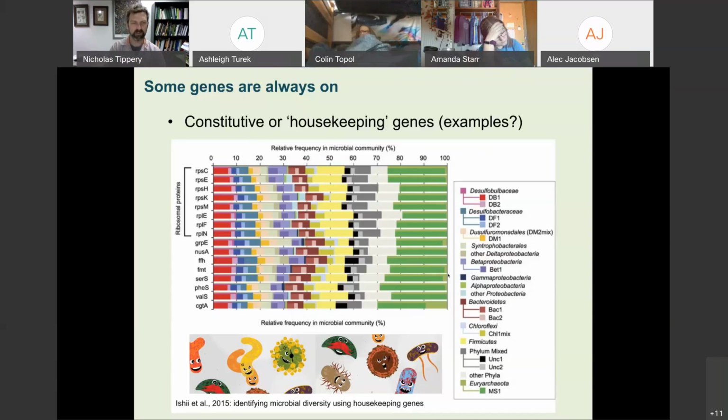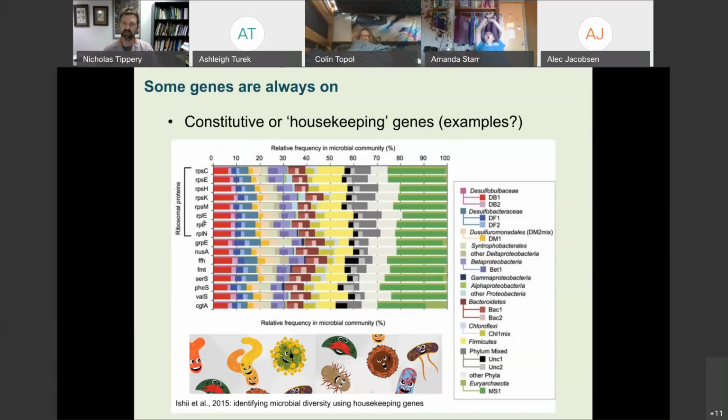So what kinds are they? I'm not sure of the functions of all of these, but a big block of these, RPS and RPL, code for ribosomal protein of the small subunit, ribosomal protein of the large subunit. So these are proteins involved in making the ribosome. And of course, the ribosome is involved in translation.